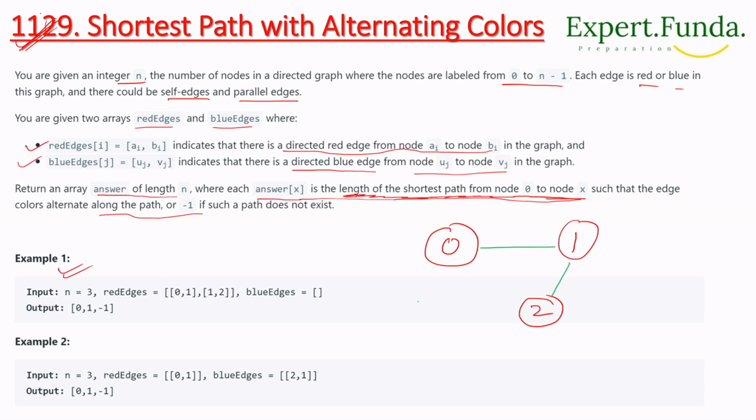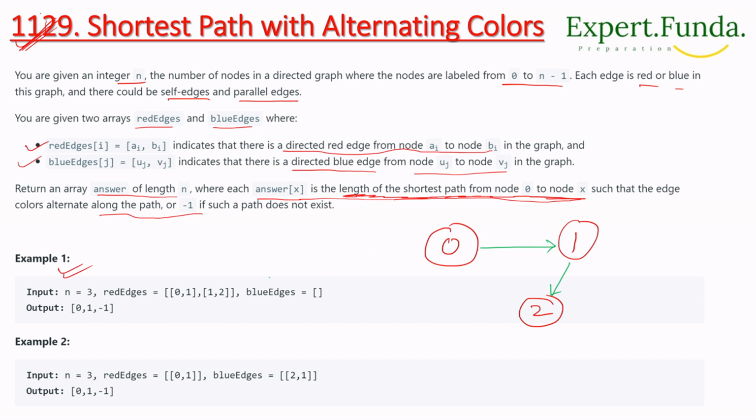This is the directed graph we have been given. Blue edges we don't have, meaning there is no directed blue edge from U to V.